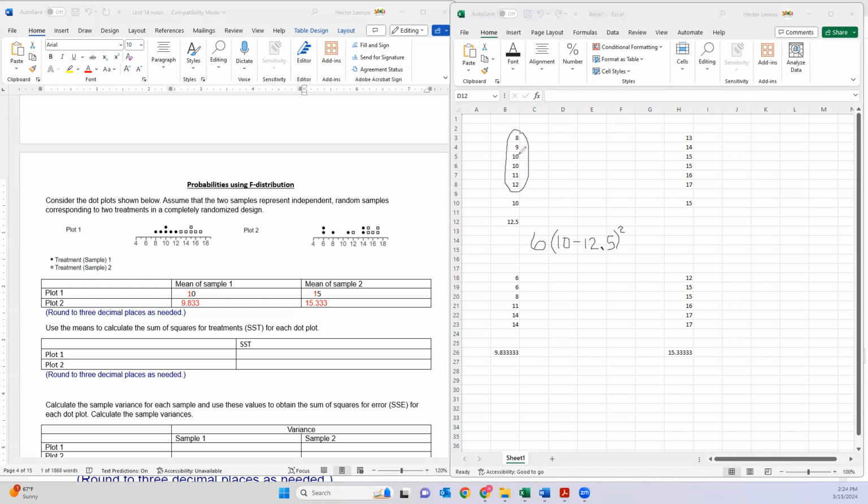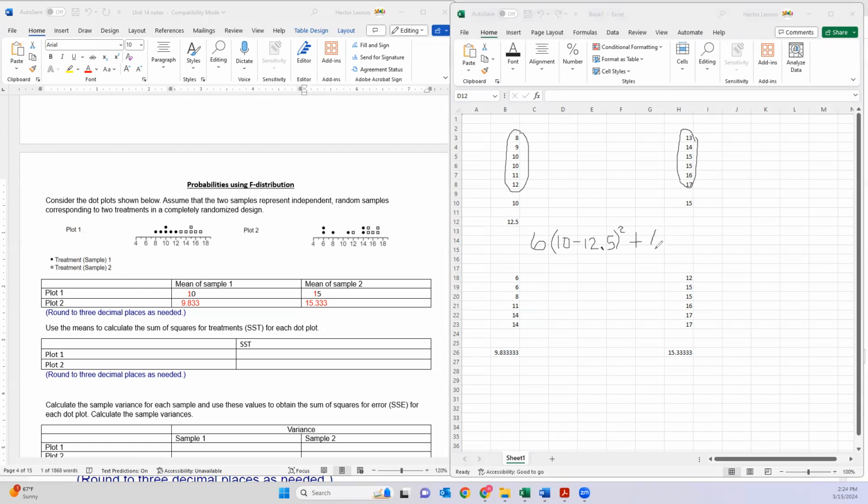So again, I look at my first plot because I'm just looking at plot 1, and I see treatment 1. There's 6 numbers, so there's where my 6 comes from. And I do in parentheses, I subtract the average of sample 1 minus the average of the whole plot, all squared. Now plus, I'm going to be looking at still plot 1. I'm going to be looking at sample 2. There's 6 numbers, right?